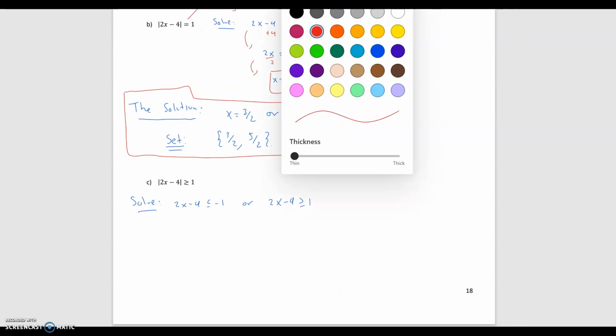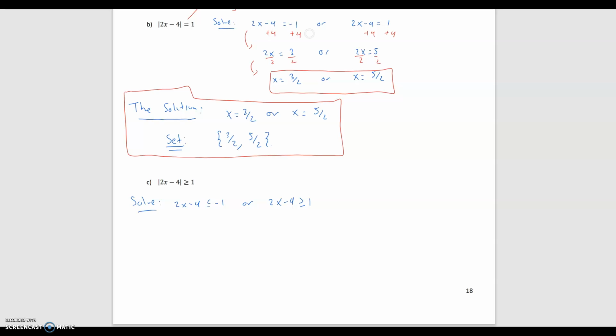And notice that it's basically all these steps here. But let me just redo them again. So plus 4, plus 4, plus 4, plus 4. So we would end up with 2x less than or equal to 3, or 2x greater than or equal to 5. And then we would simply carry on the division of the 2's.